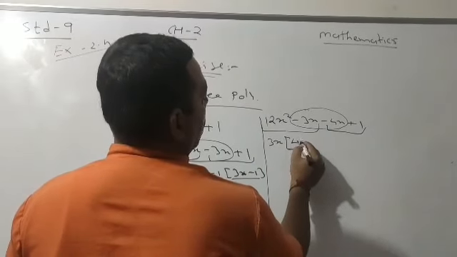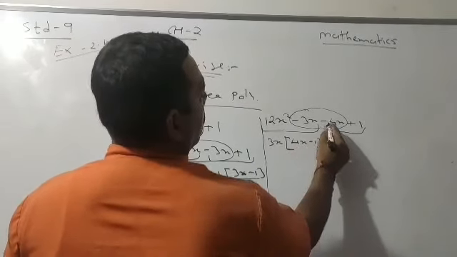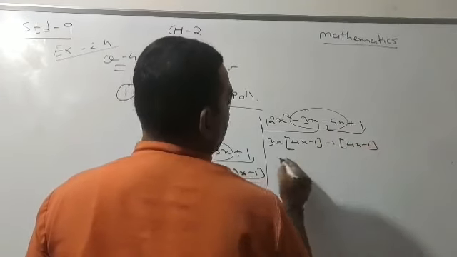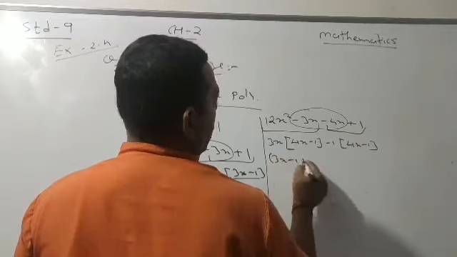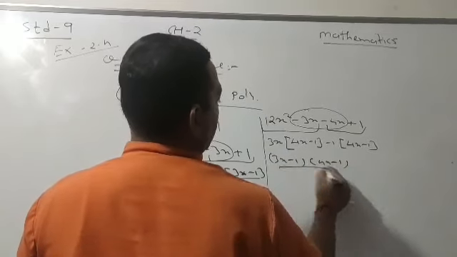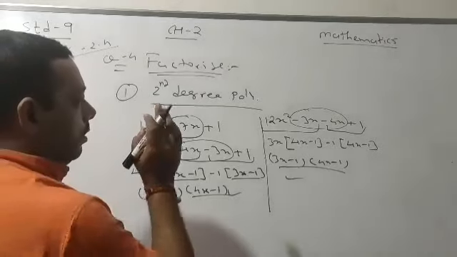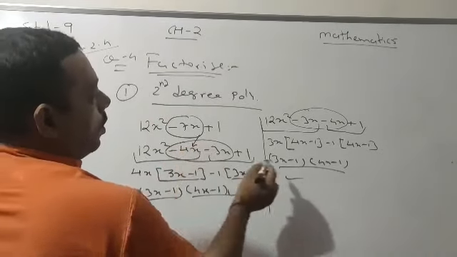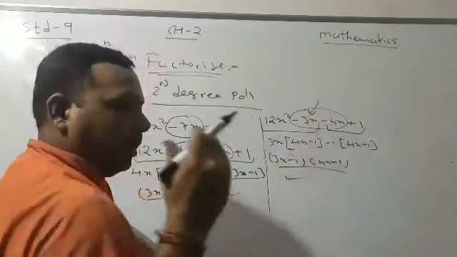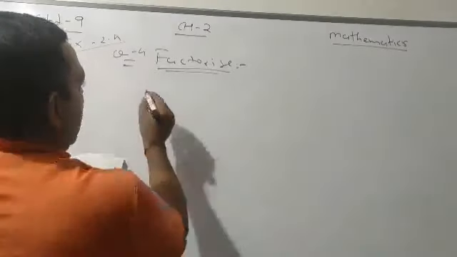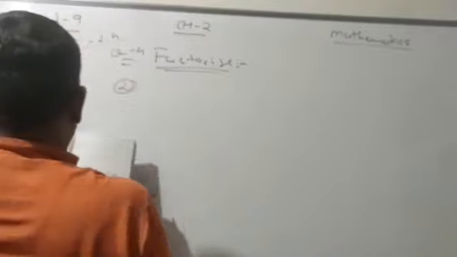What is left? 4x minus 1. Again we take minus 1 common, we get 4x minus 1. So the answer is 3x minus 1, 4x minus 1. See the answer. So it is not fixed that you have to write the larger number first or the smaller number first. It is up to you. You can write any number. Clear?